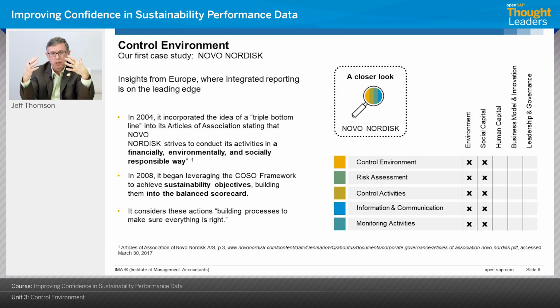And so the balanced scorecard is a very, very important part of this equation, in driving performance forward. But look at what Novo Nordisk did in terms of aligning the COSO internal controls framework and assuring activities and KPIs within their balanced scorecards. And they finally say that it considers these actions building processes to make sure everything is right. Everything, not just financial information, but sustainability information as well.